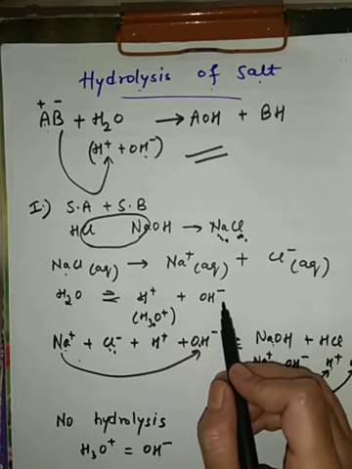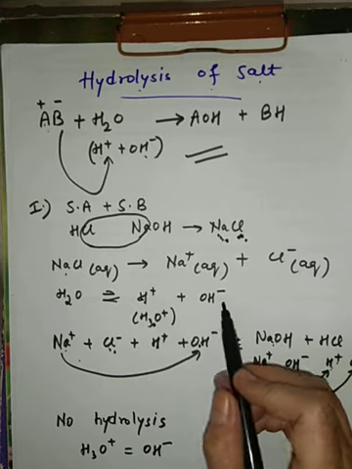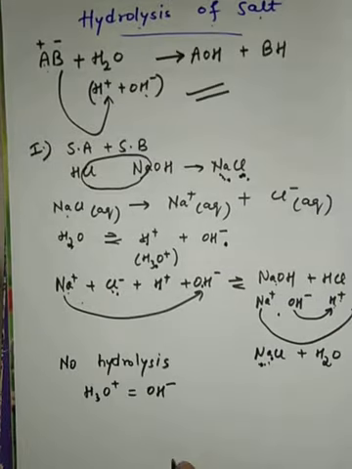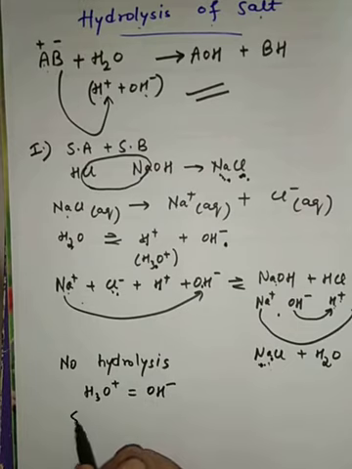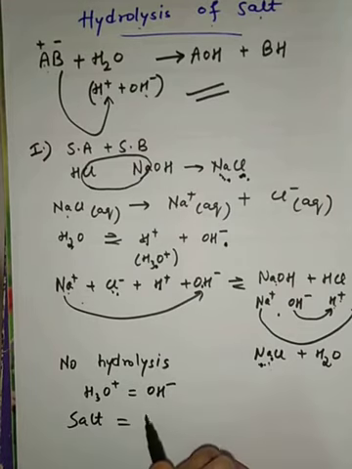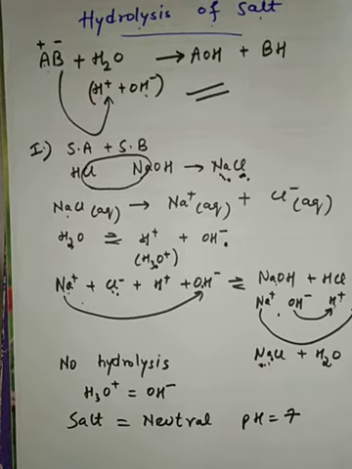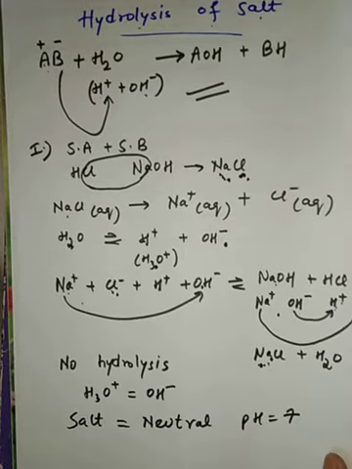So these two ions are equal in amount because of the water dissociation, and this equilibrium is not disturbed. Hence this salt, that is common salt, is neutral with pH equal to 7, and hence there will be no action on litmus paper. So that was hydrolysis of the salt of first type.